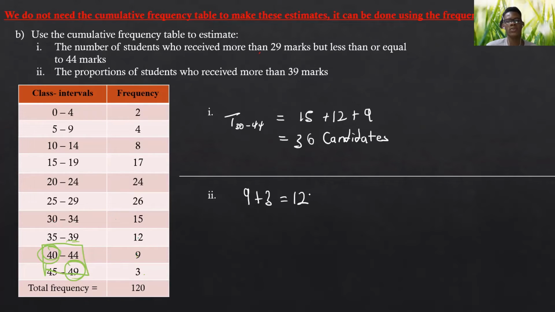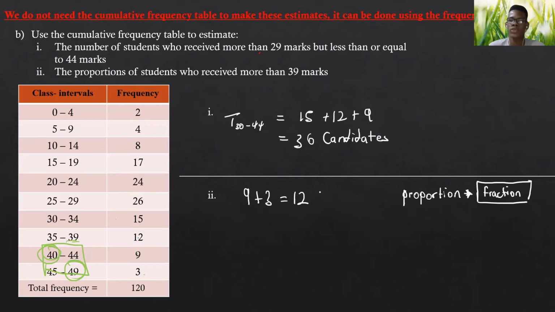But what do you understand when it says proportion? What does that mean? Another word in maths would be fraction, right? So they're asking for the fraction or portion of students that got more than 39 marks.